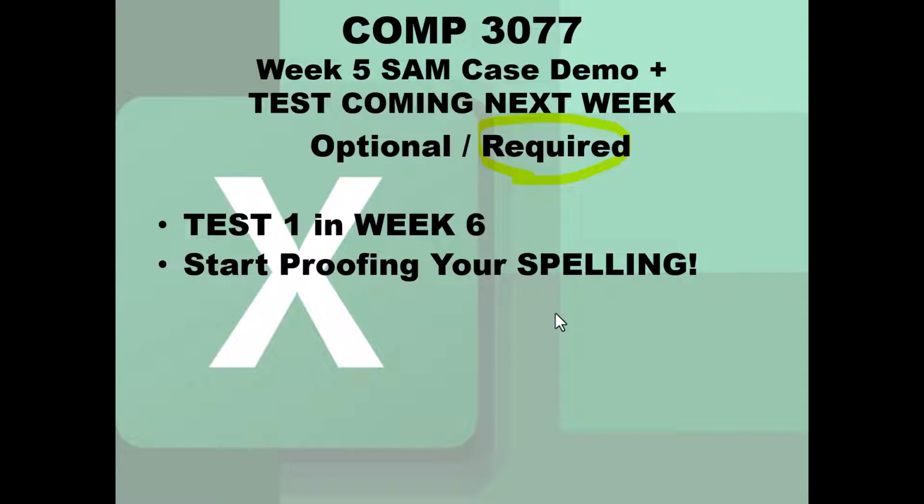You are going into a test week. Next week is the test. We're doing the week 5 case this week. We don't have a lot of typing in this one, but I did notice in the week 4 case, despite my advising many times throughout that case to copy and paste the chart titles, a lot of students just chose to type them anyway, and there was a lot of typos.